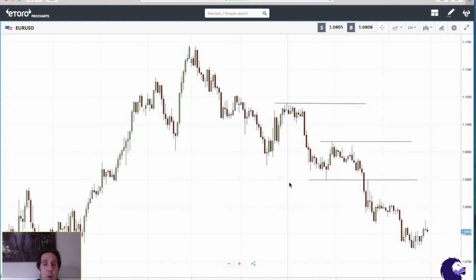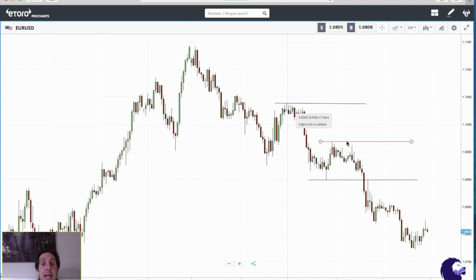Okay, what are support and resistance? Support and resistance are zones, levels in the price where there is a lot of supply and demand. For example, support is where there is a lot more buying than selling. Then the price becomes very strong and nobody wants to sell below that price. That becomes a support.